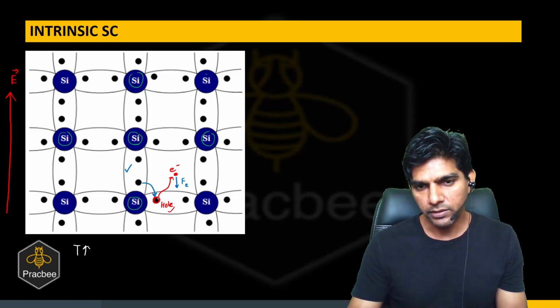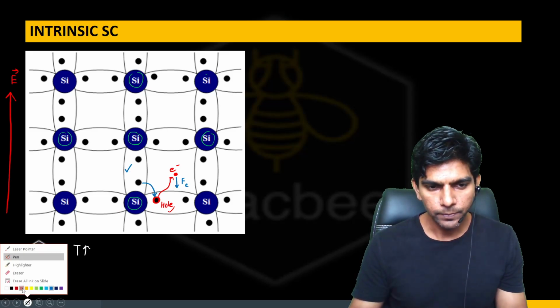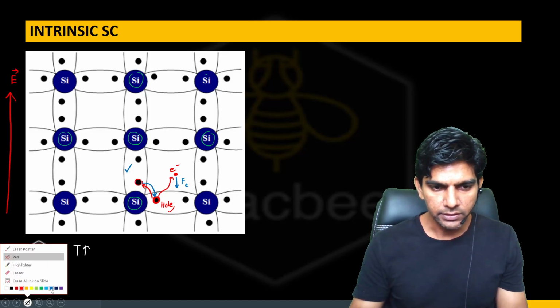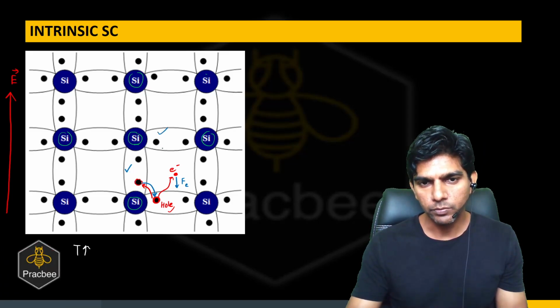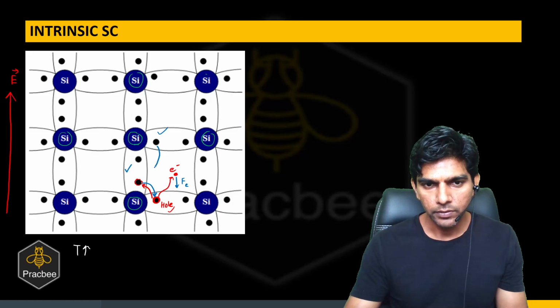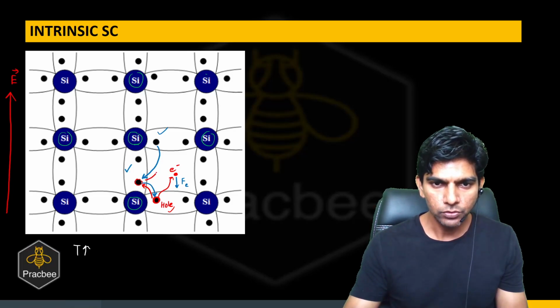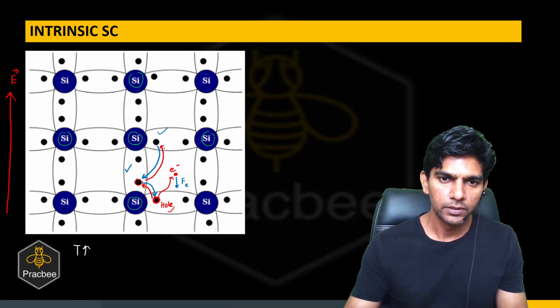If it occupies this vacancy, then the hole will move in this direction. Now this becomes the hole, right? Now, let us say this bond breaks. This electron will occupy this hole and the hole will migrate in the opposite direction, and the hole moves in this direction.